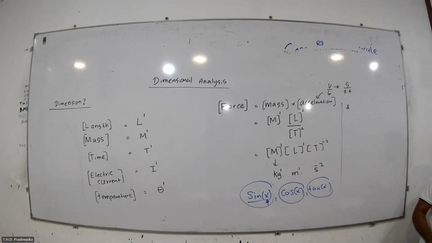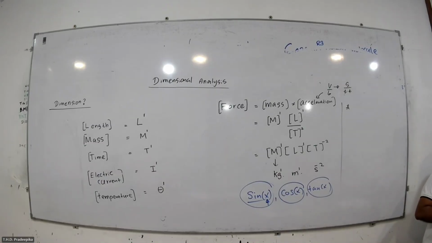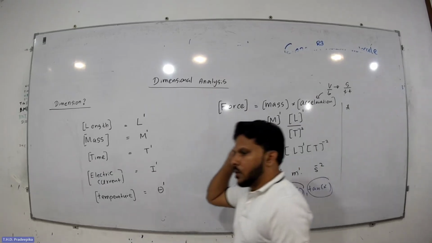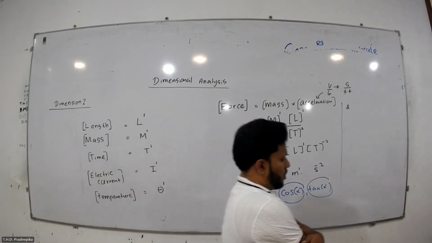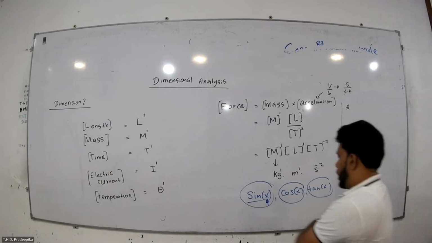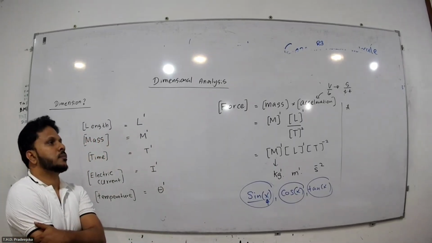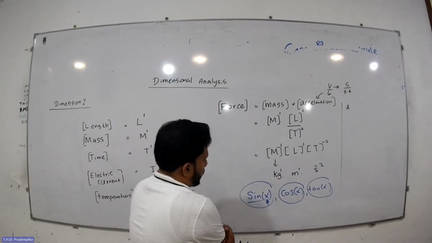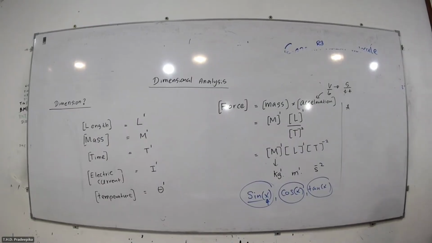Right. Third. If sine, cosine or tangent value of a physical quantity is considered, that physical quantity must be dimensionless.